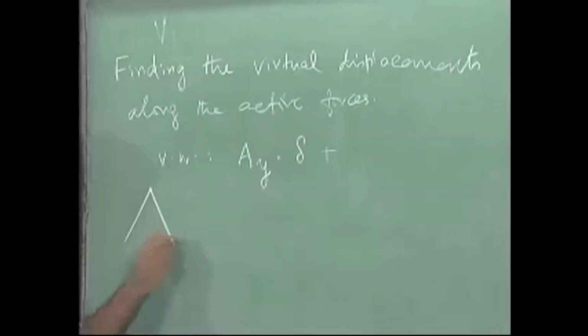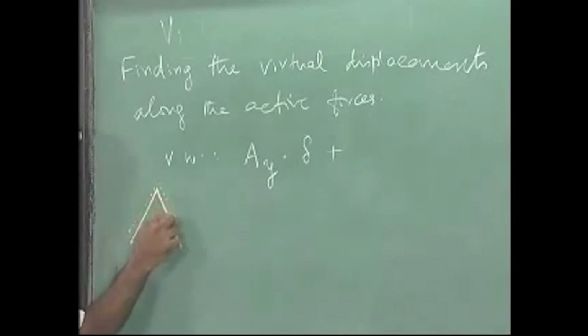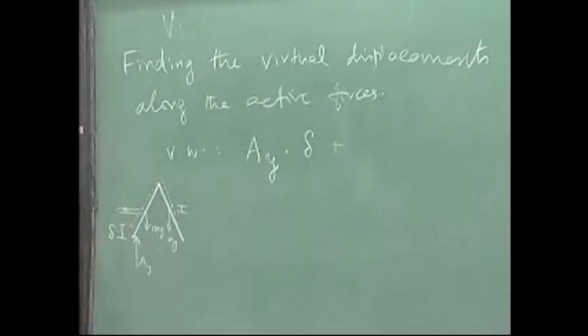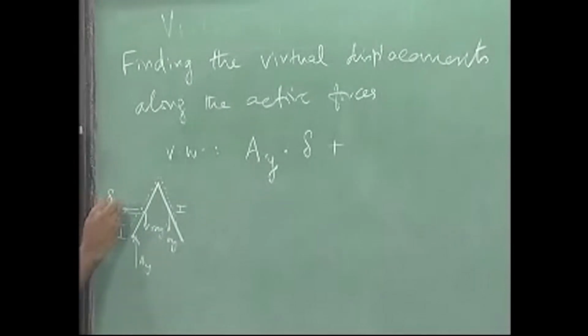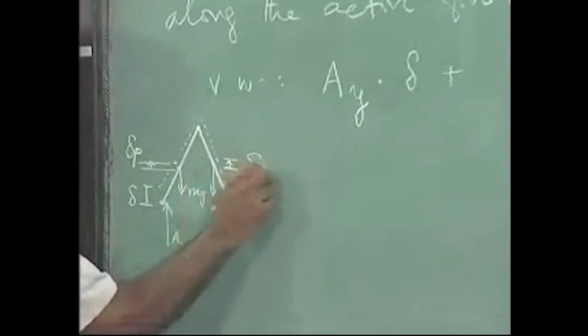Let me draw this over here so that it is easy. This has moved over here. Let us say this is the displacement, this is delta, there is an Ay acting like this, there is an mg acting like this, there is an mg acting like this. Let us say this movement in the upward direction is delta p. This one again in the upward direction is delta q.